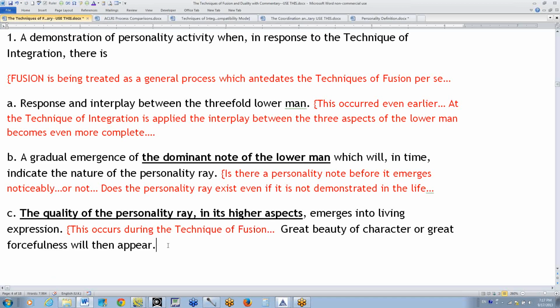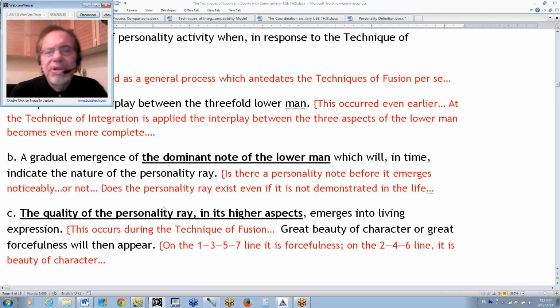He pretty well dichotomizes it, you know. On the 1, 3, 5, 7 line, it is forcefulness. On the 2, 4, 6 line, it is beauty of character. The great pairs of opposites, in a certain way, are these two lines when it comes to energy, and epitomized in the contrast between Ray 1 and Ray 2, which are at the head of their respective ray lines.